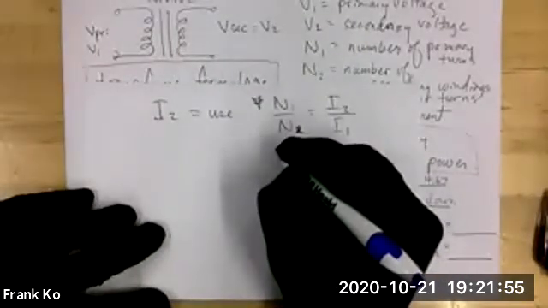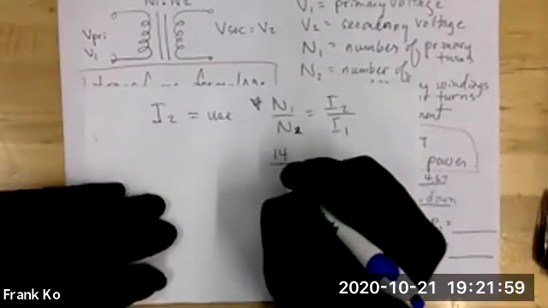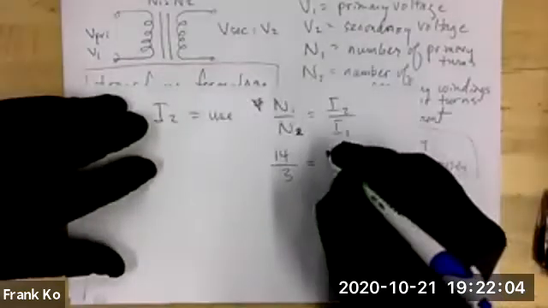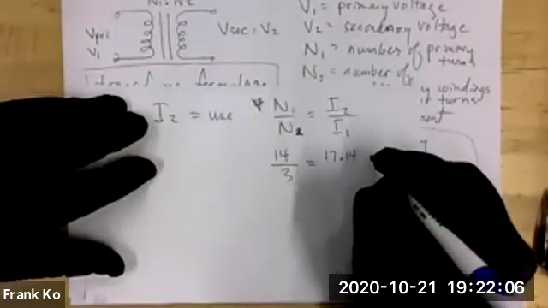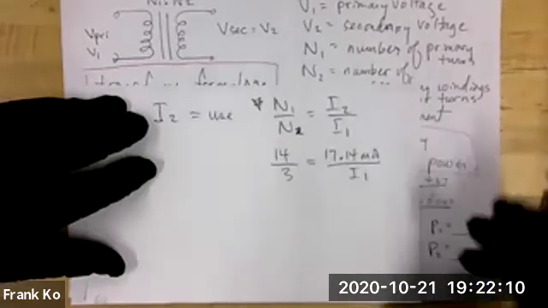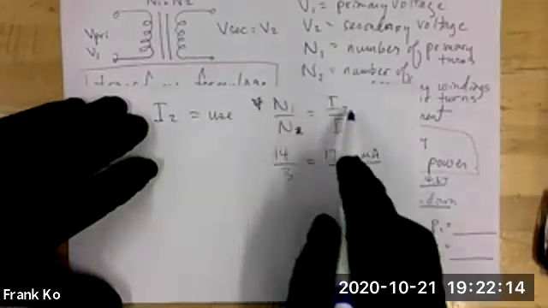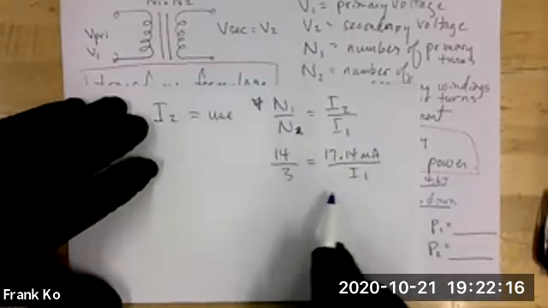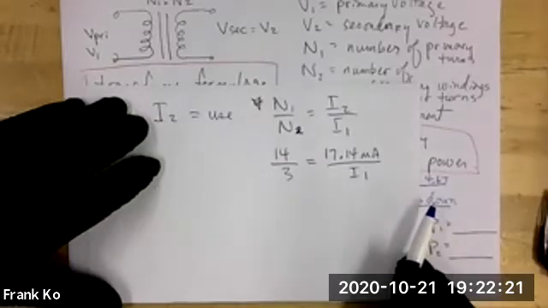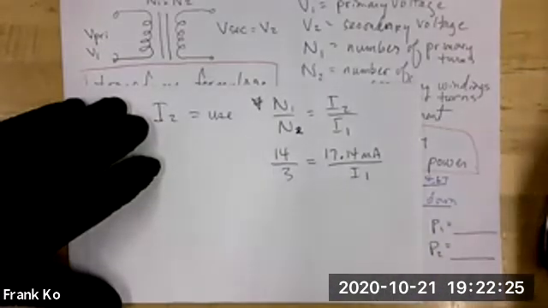So we're going to have our turns ratio, 14 over 3, equal to the current we just calculated, 17.14 milliamps over I1. Does everybody understand the formula we're going to use and how we fill in the numbers where they sit? Now, how do I find one unknown in a pair of ratios that are equal to each other?